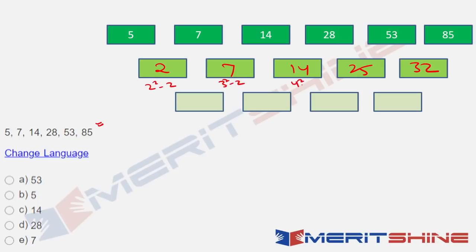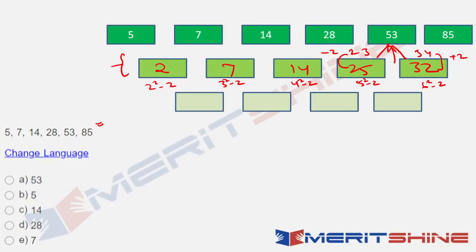What is this? 4 square minus 2. What should this be then? 5 square minus 2, and this should be 6 square minus 2. Then my expected numbers here should be 23 and 34. Check this. This is -2. I'm working at the first level difference. This will work. And 34 minus 32 is +2. Yeah, +2 minus 2. That clearly means this is my culprit, right?